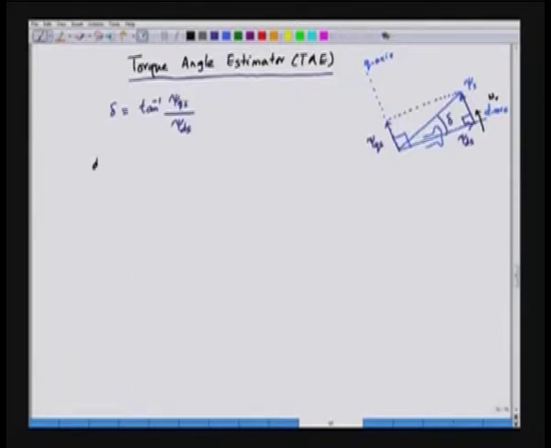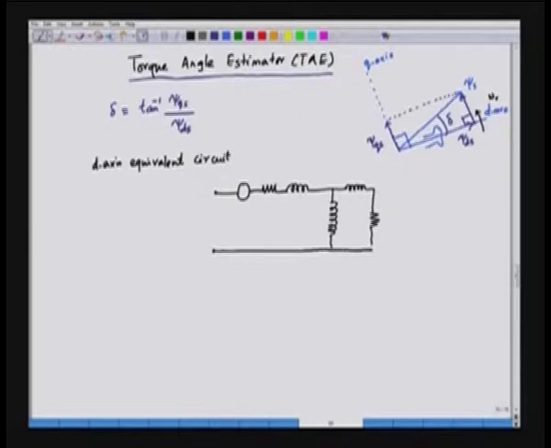If you take the D axis equivalent circuit, what we have here is a back EMF and a resistance drop, a leakage inductance, then the magnetizing inductance in the D axis, and then the leakage inductance and resistance of the damper winding, and then the field winding leakage, the field winding resistance and the field winding voltage.